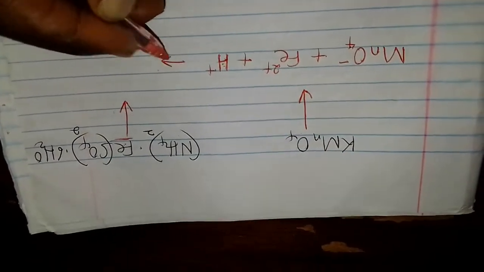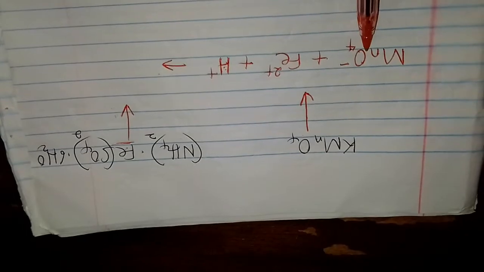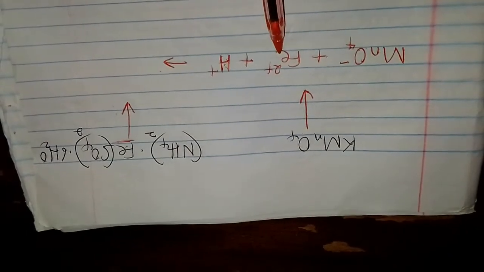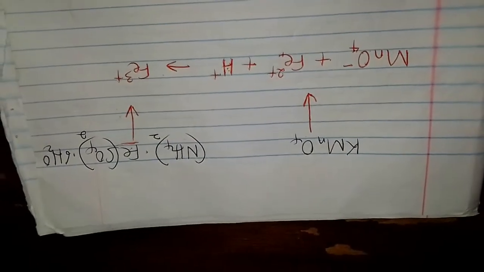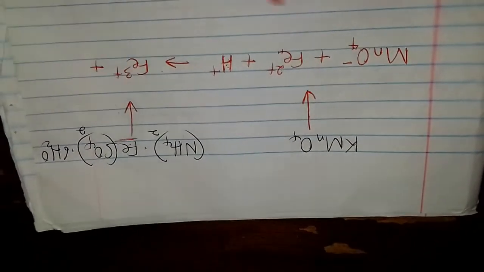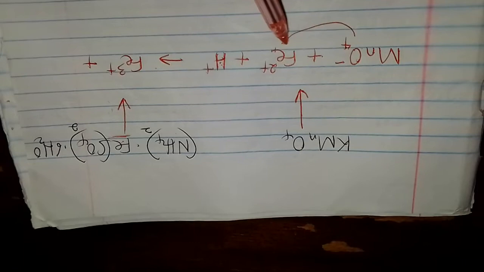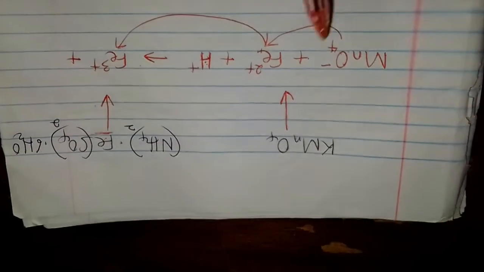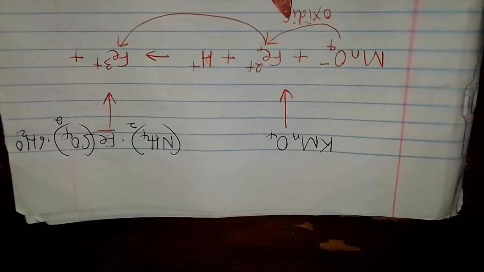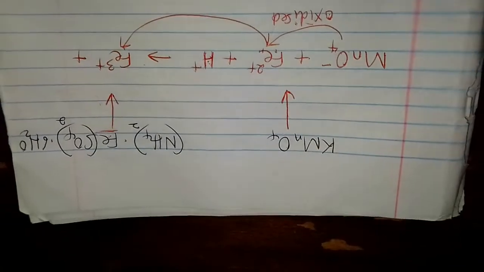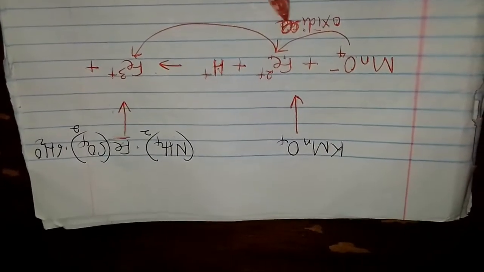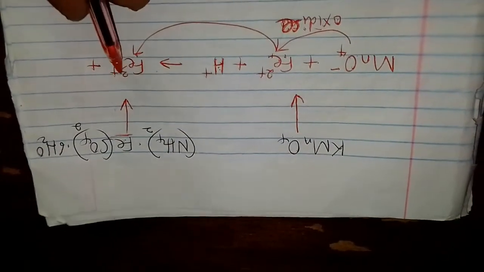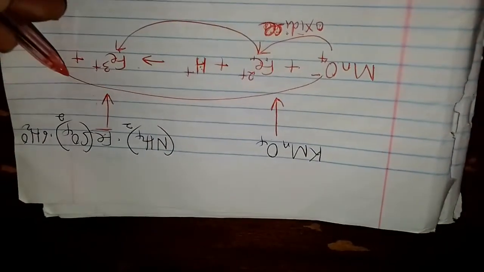So what happens here? These manganate 7 ions will oxidize iron 2 ions to iron 3 ions. Good. Then after oxidizing this to iron 3 ions, it gets reduced.